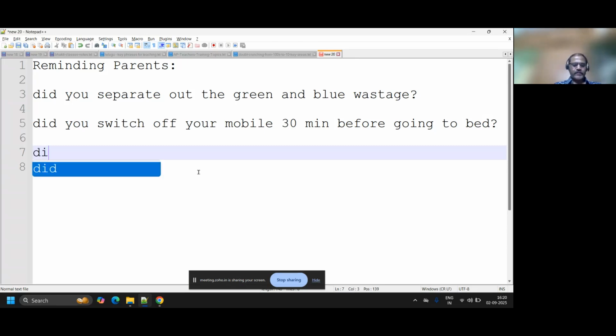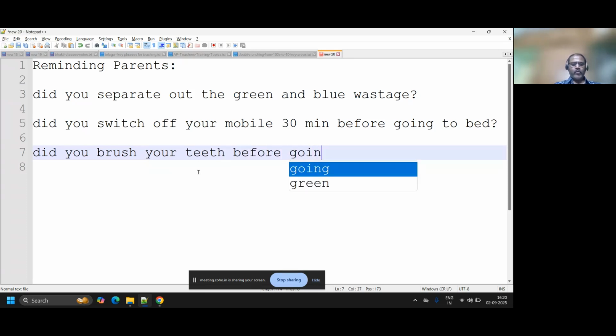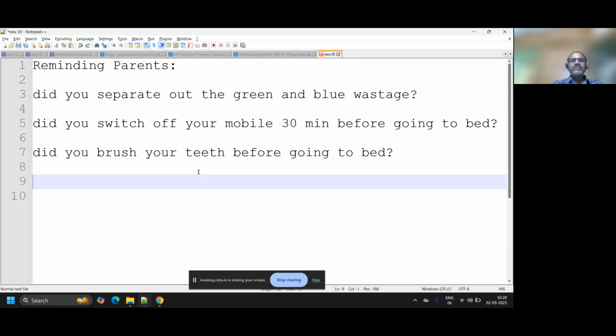Third one, did you brush your teeth before going to bed? Again, I am giving some examples. Your kid reminding you, and your kid is asking, how many pages you read today from a book?